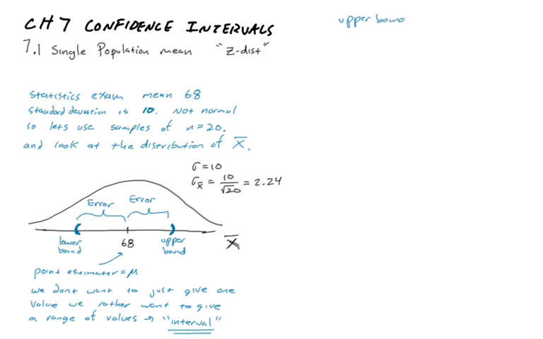Our upper bound is going to be the mean plus the error, and our lower bound is going to be the mean minus the error. And again, note that X bar is an estimate for mu in this case here.